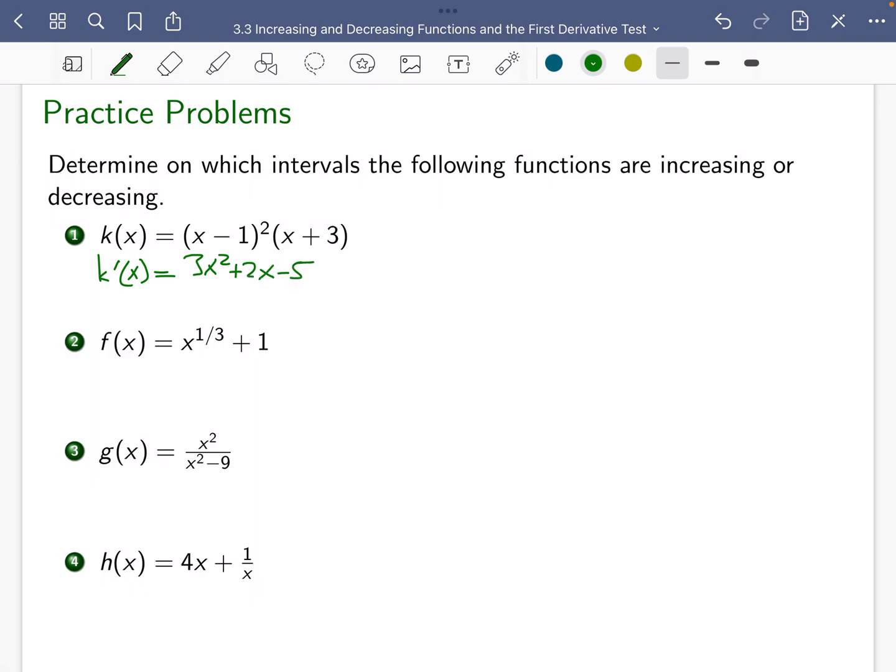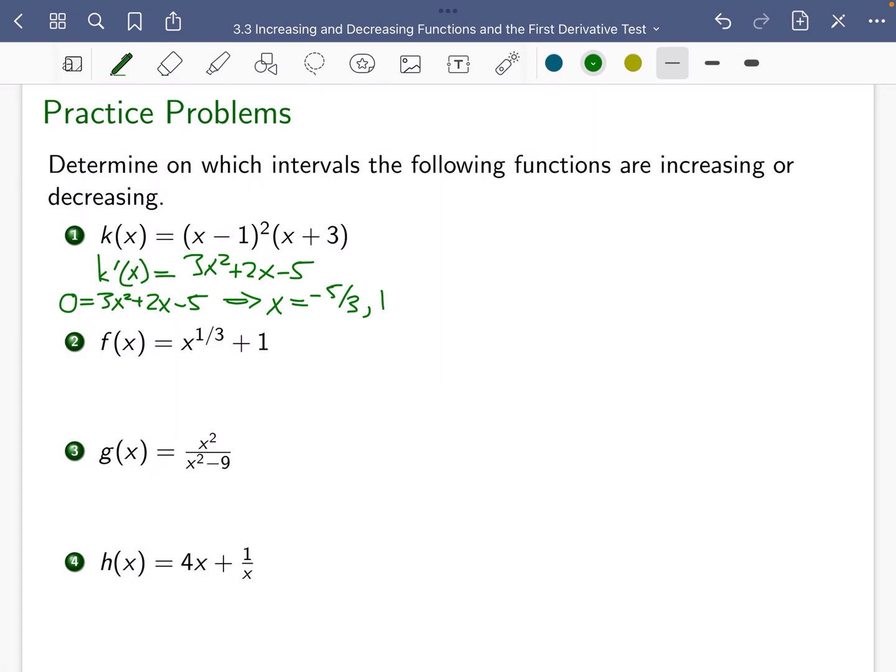And what are we going to do with that? We're going to find critical numbers, so we set that derivative equal to 0. You might recognize how that factors, maybe you don't. If you don't, you could use the quadratic formula, and you will find values of x of negative 5/3 and 1.